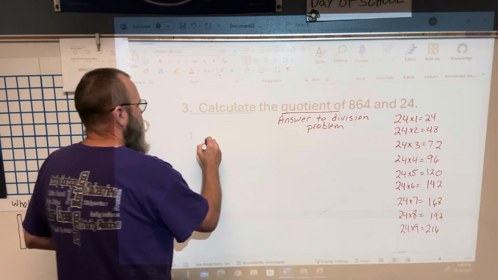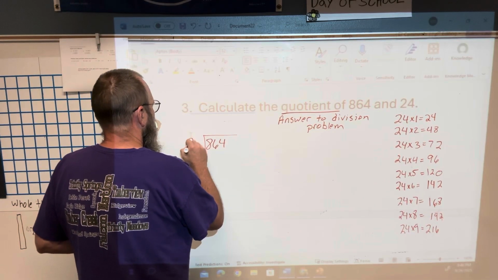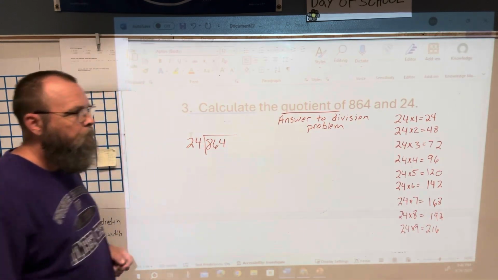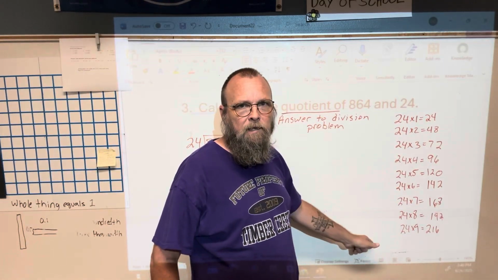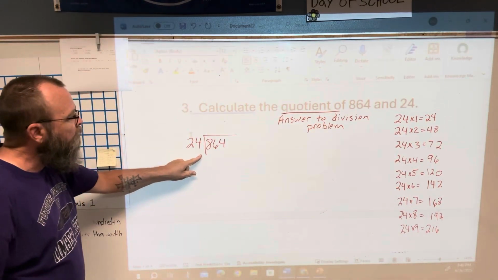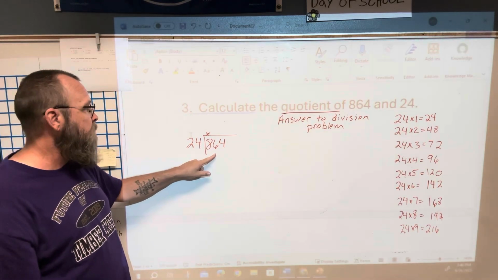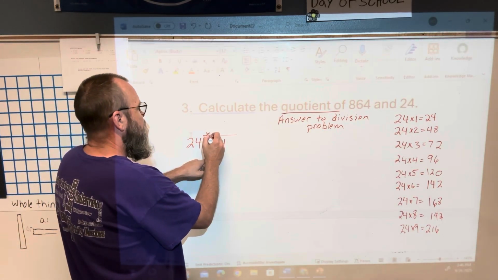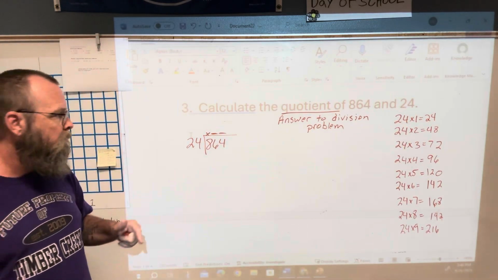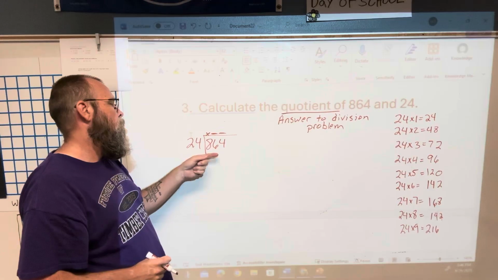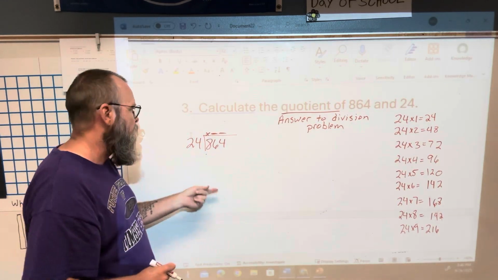So we have 864, and we're dividing that by 24. I've already done my multiples of 24 from 1 to 9. 24 doesn't go into 8, so I'm not going to have a number in the hundreds place. 24 does go into 86, so I'm going to have a two-digit quotient. I'm going to have a number in the tens place and a number in the ones place.